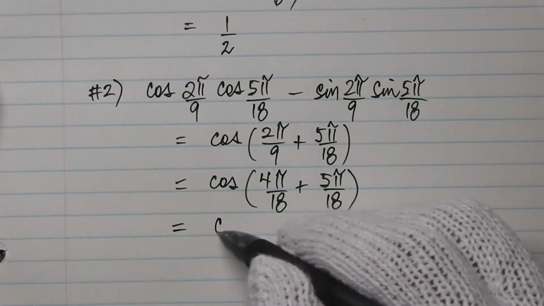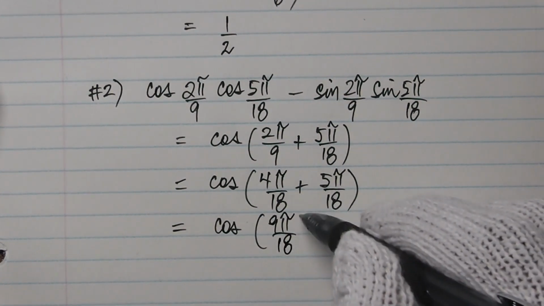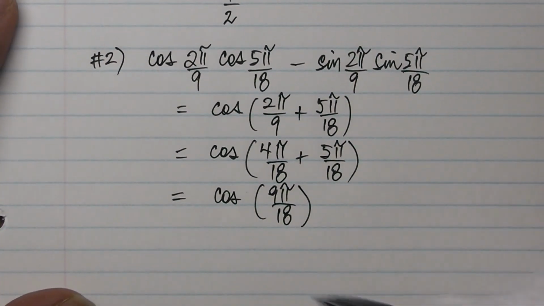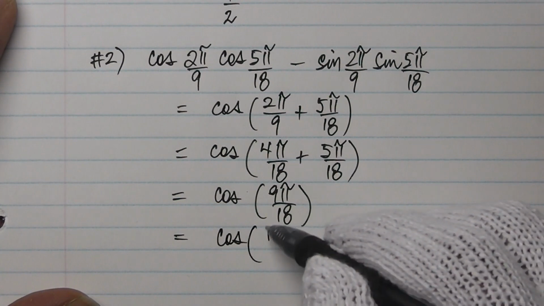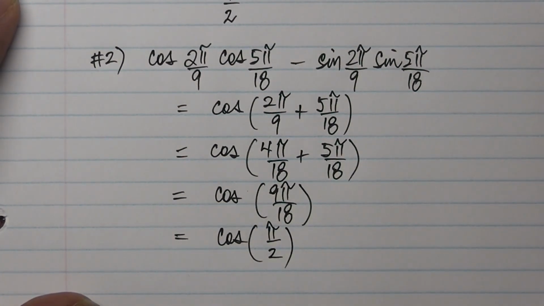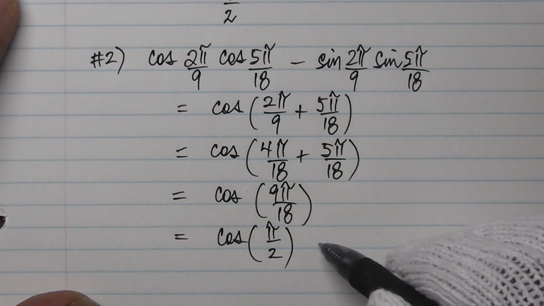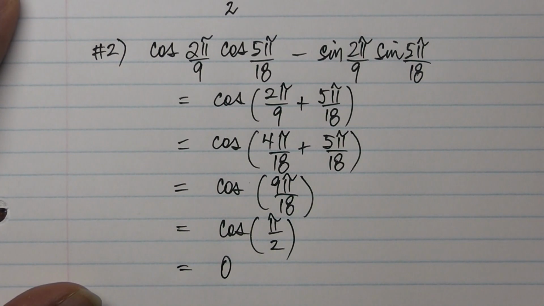So that gives me cosine 9 pi over 18, which reduces to cosine of pi over 2. And the cosine of pi over 2 is exactly 0.